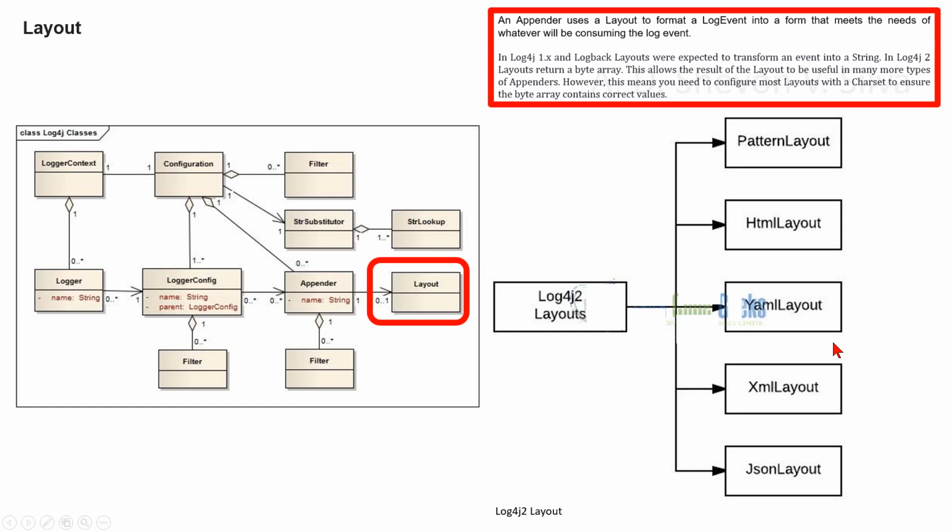YAML layout, appends a series of YAML events as a string serialized as bytes. Class XMLLayout, appends a series of event elements defined in log4j.dtd.